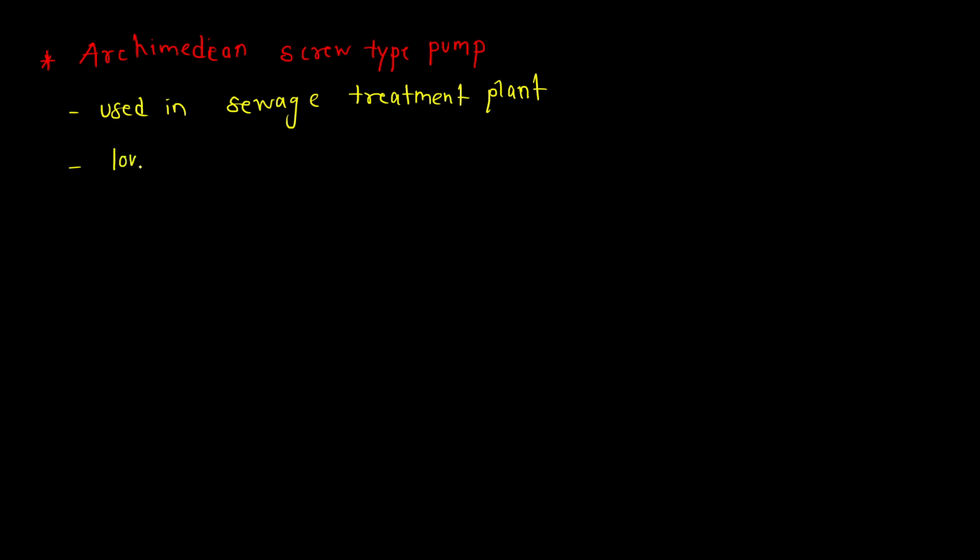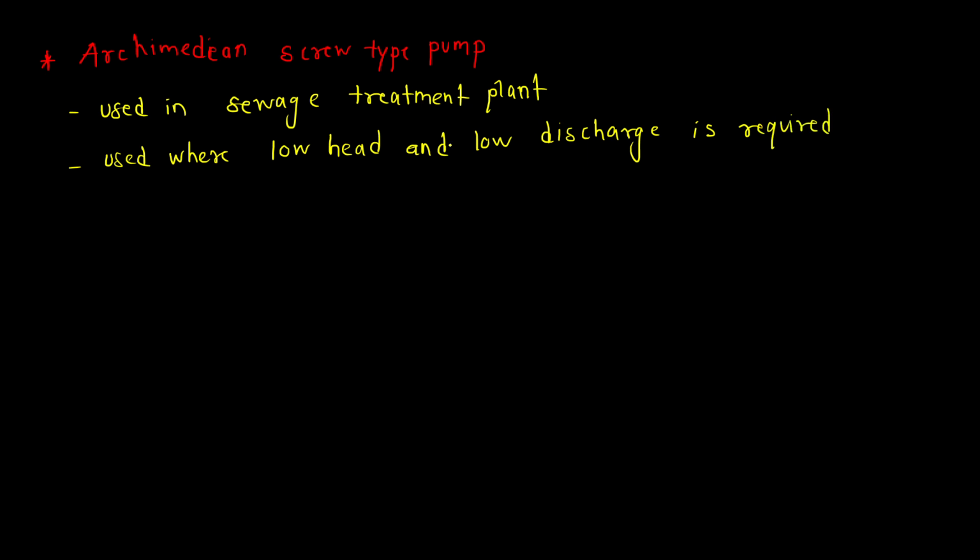It is used where low head and low discharge is required. So now remember this term, used where low head and low discharge is required and used in sewage treatment plant.